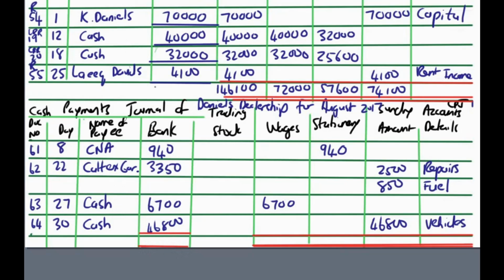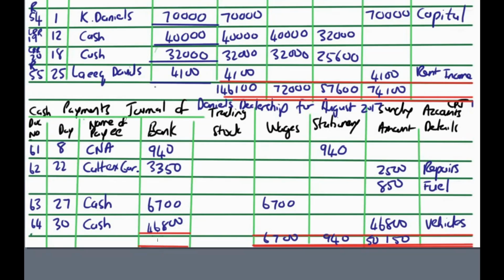Okay, so what we do over here now is our total for the sundry accounts is the 2,500 plus 850 plus the 46,800. So this total over here is 50,150. You've got 940 over here, 6,700, and then we've got 940 plus 3,350 plus 6,700 plus 46,800.